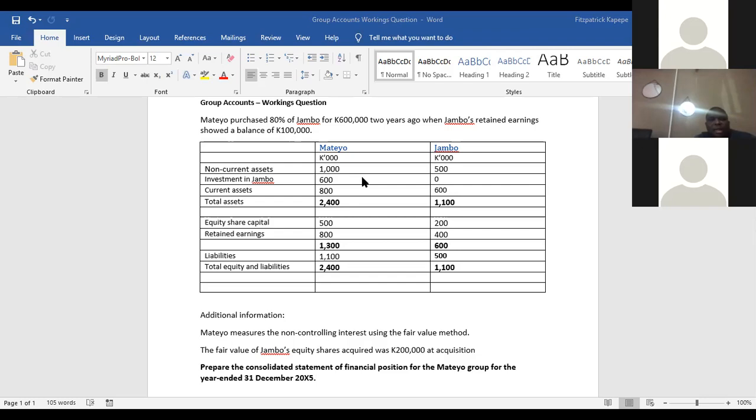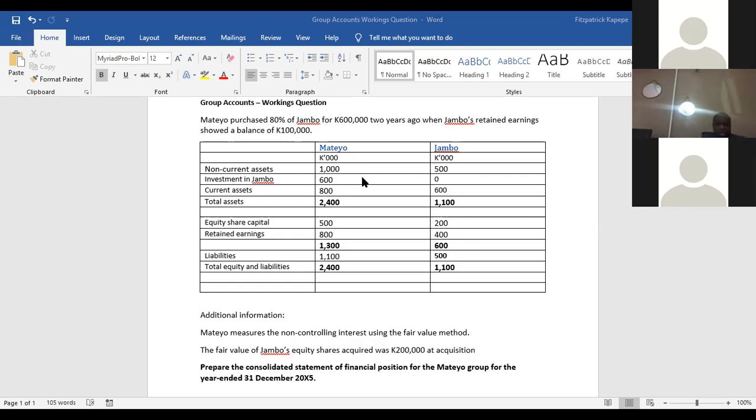So, the best is to read the question again. We are told we need to start with the structure, isn't it? The group structure. We'll start with the group structure as working one. So definitely the parent at 80%, for 600 2 years ago, when Jumbo's retained earnings showed the balance of 100,000.